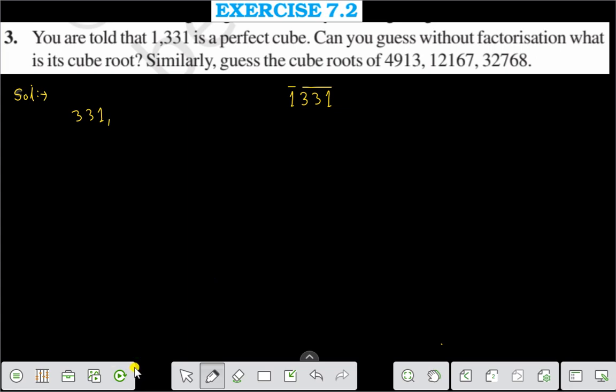Here you see the digit at its unit place is 1.